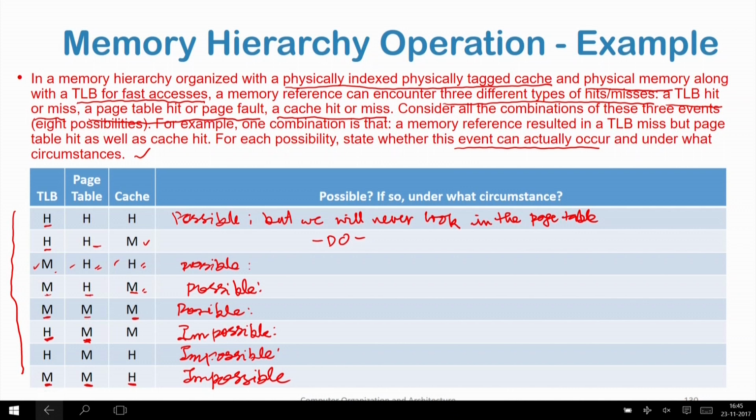However, a miss in the page table means I have a page fault. So the page is not resident in main memory. When a particular page is not resident in main memory, the corresponding block cannot reside in the cache. So this is impossible.